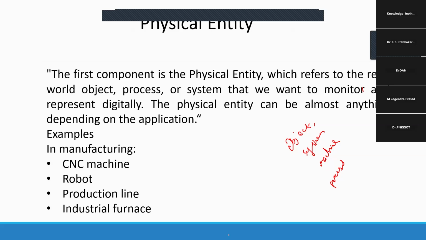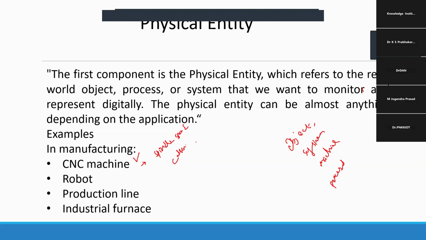So, for example, I'll take the CNC machine here. Suppose you want to create a digital twin of a CNC machine, so we need information about all these components, like spindle speed, cutting forces.